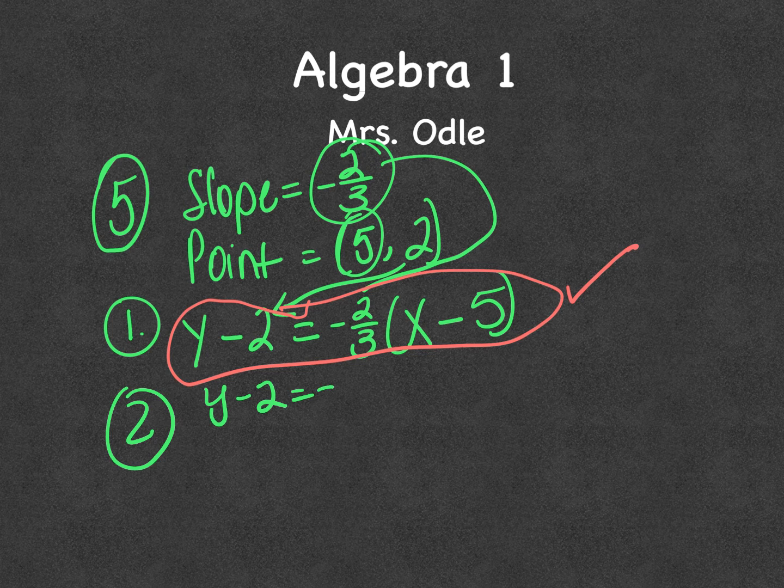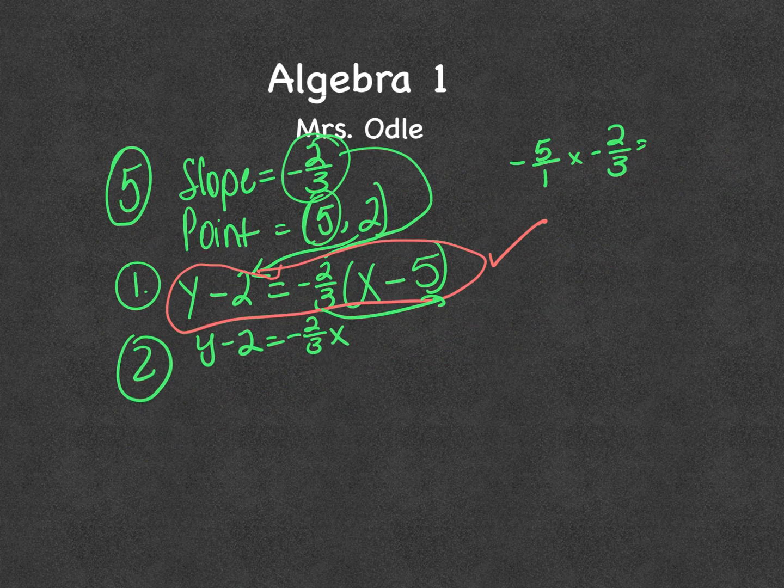So this will be a negative 2 over 3x. Then you're going to multiply this. So if you have negative 5 over 1 times negative 2 over 3, remember when you're multiplying across unless you can do some cancellation, okay? So negative 5 times a negative 2 is a positive 10 over 3.